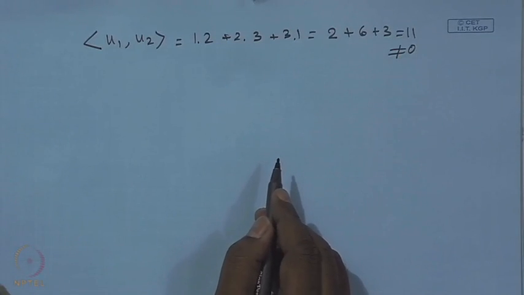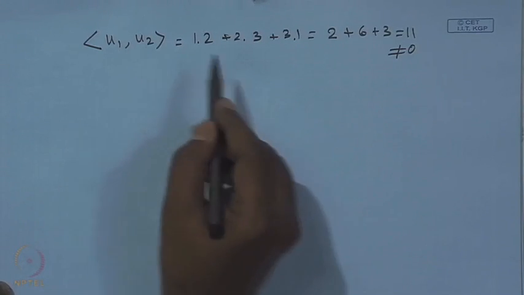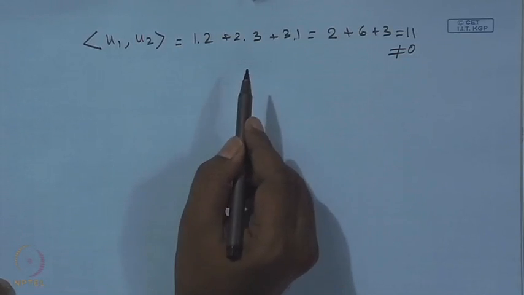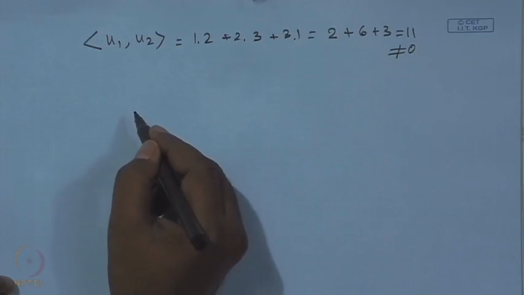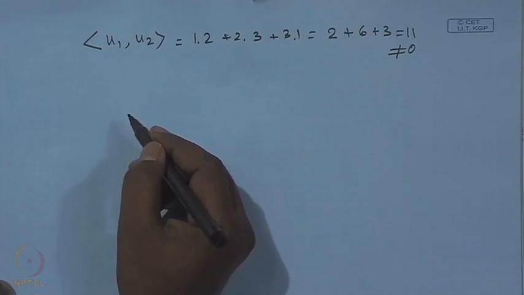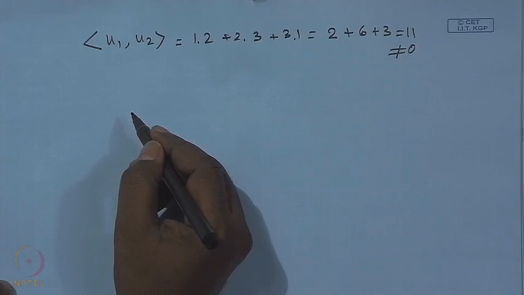That means, although u1, u2, u3 are independent of each other, they do not form an orthogonal set of vectors. So, now we have to take recourse to the Gram-Schmidt orthogonalization technique, and from the u1, u2, u3 set we will get the e1, e2, e3 set, such that e1, e2, e3 will be mutually orthogonal and orthonormal.